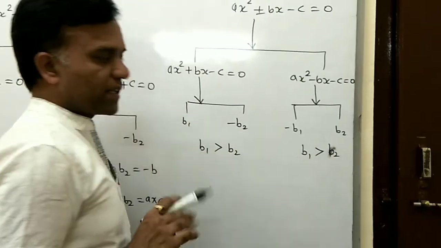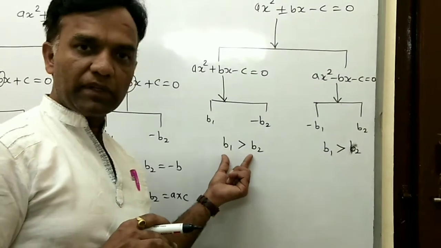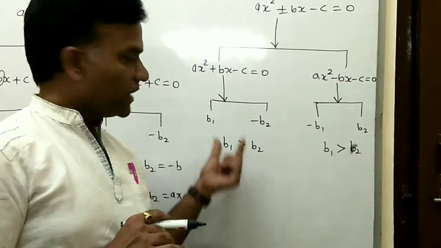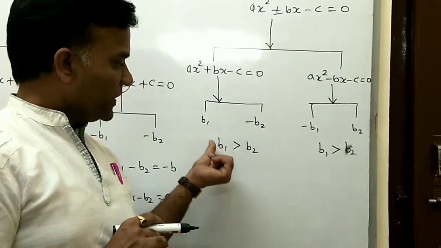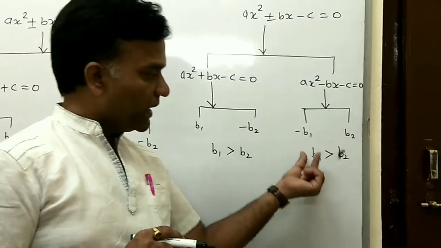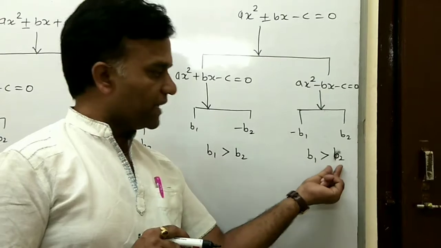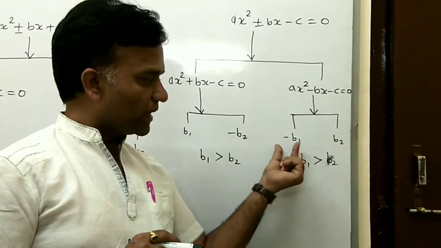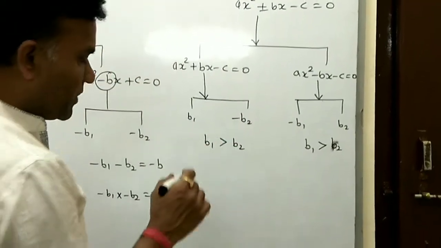Because of the same condition, we write down the numeric value, not with the sign. b1 greater means any numeric value greater than b2 here. Similarly, b1 is numerically greater than b2 here, and then you form the condition minus b1 and b2.